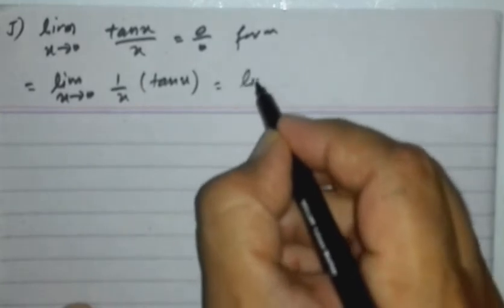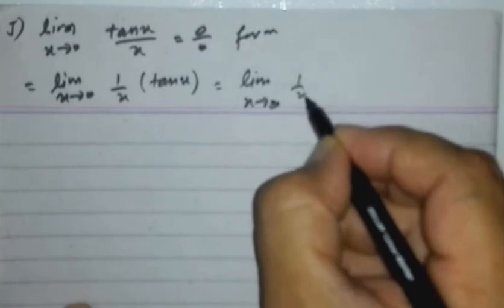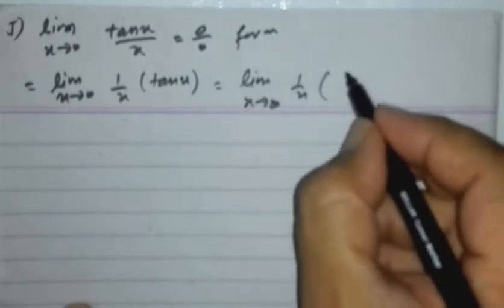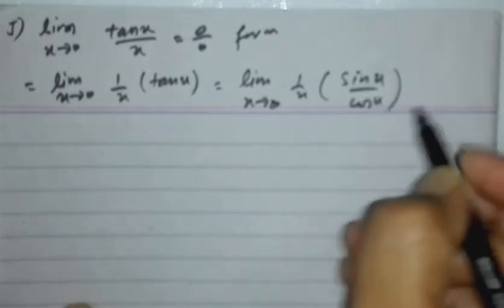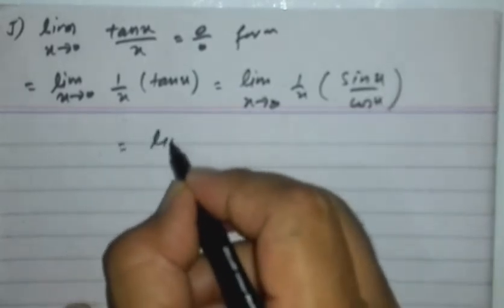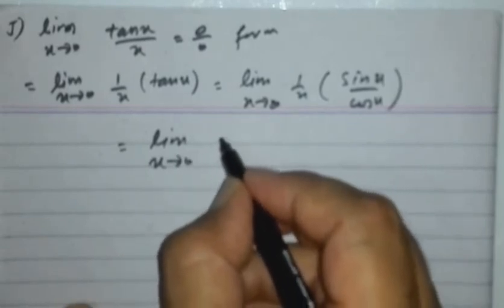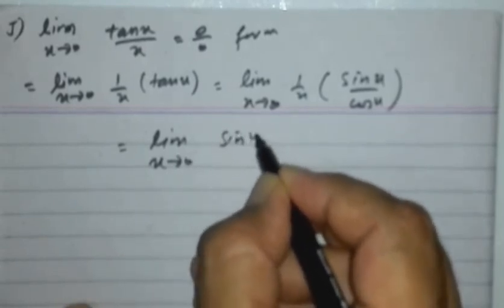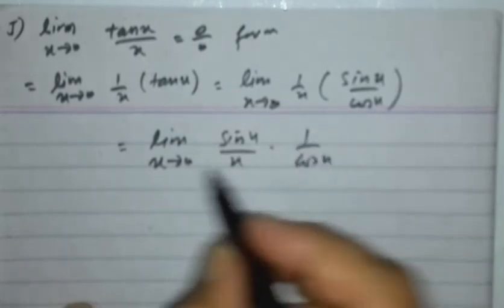Further we can write it as limit x tends to 0, 1 by x, tangent x is equal to sin x divided by cos x. Further we can write it as limit x tends to 0, sin x divided by this x into 1 by cos x.